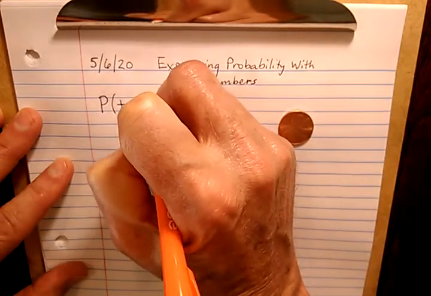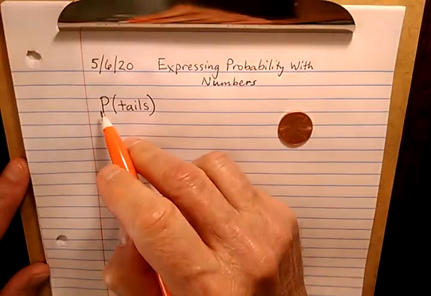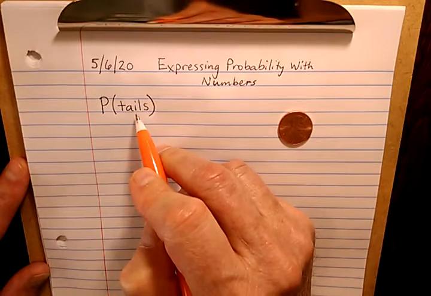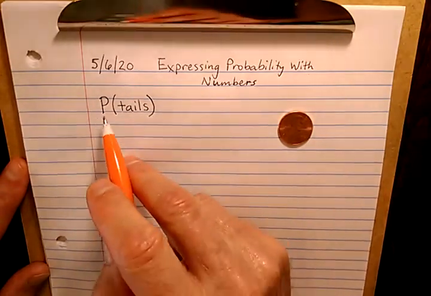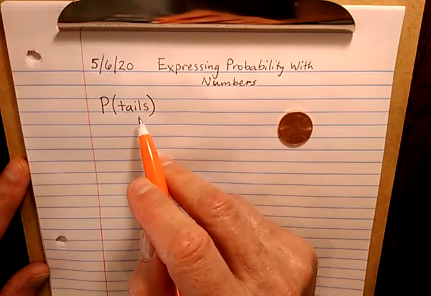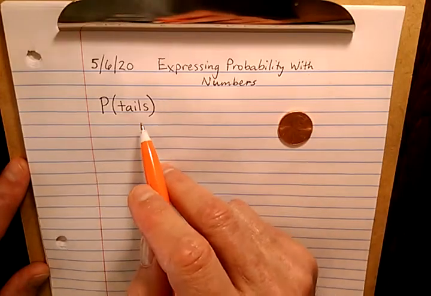So if we want tails to happen when we flip the coin, then we write capital P for probability, tails in parentheses. And the way we read this is the probability of getting tails. I want you to say that now. The probability of getting tails.